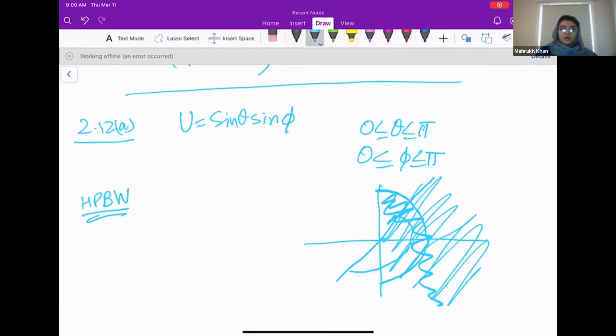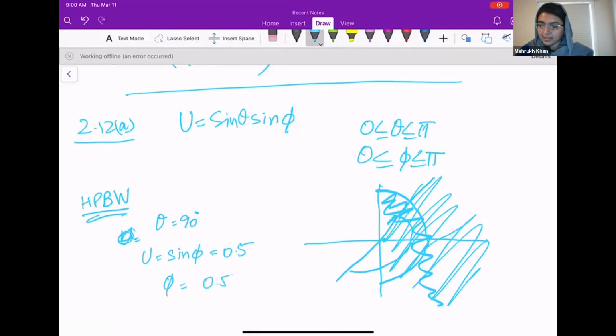So let's say first theta is equal to 90, then this becomes sine phi, and then you can equate it to 0.5.